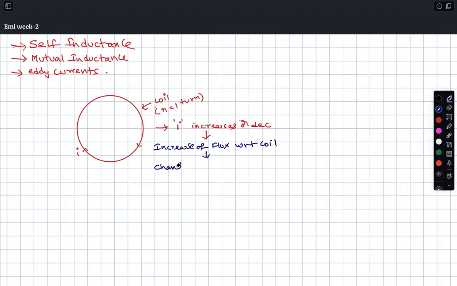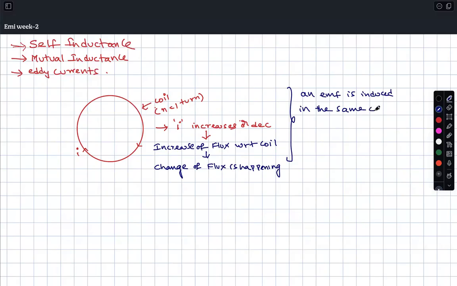So change of flux is happening. Now what is happening? An EMF is induced in the same coil due to change of flux.